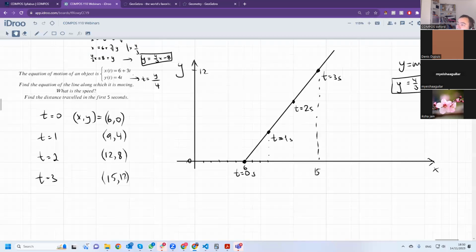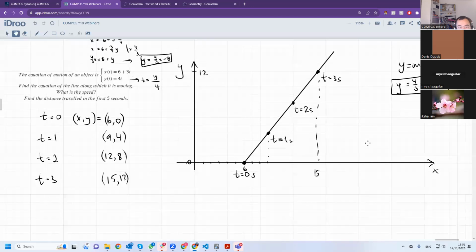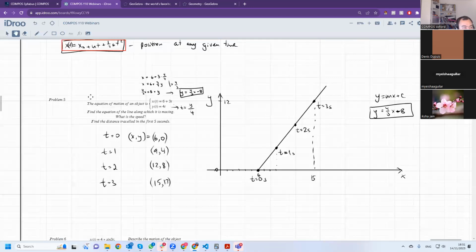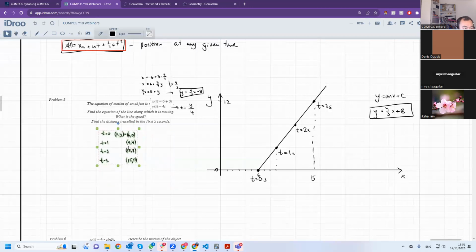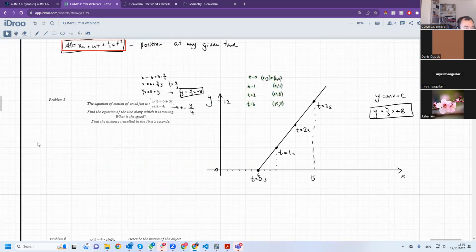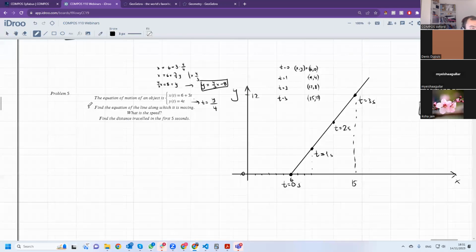How would you calculate the speed? So A, B, C. A moves along the line y equals 4/3 x minus 8.